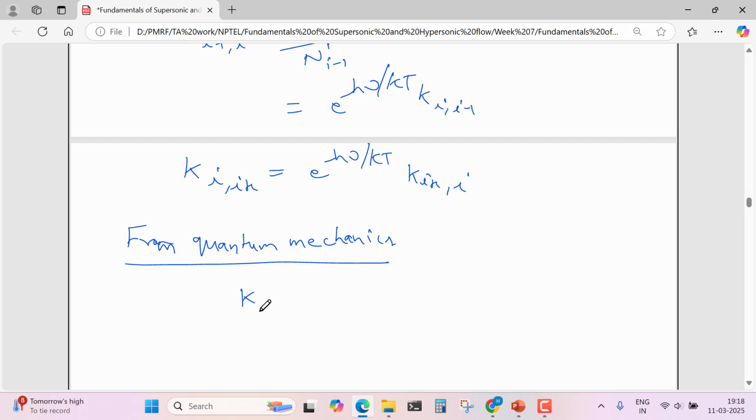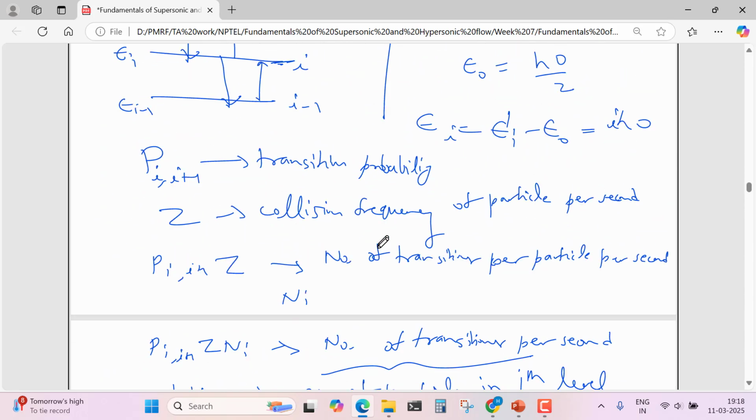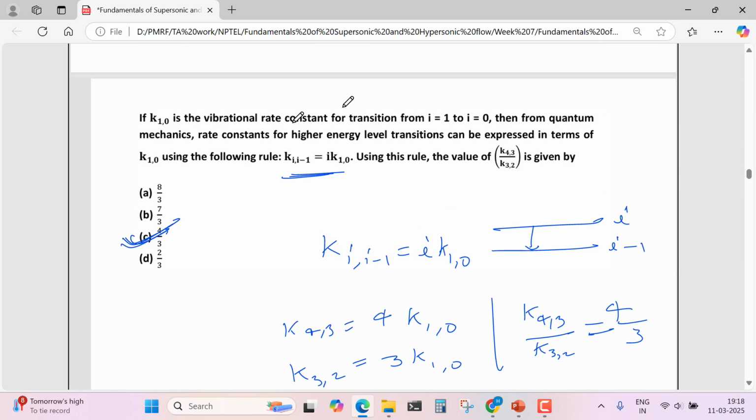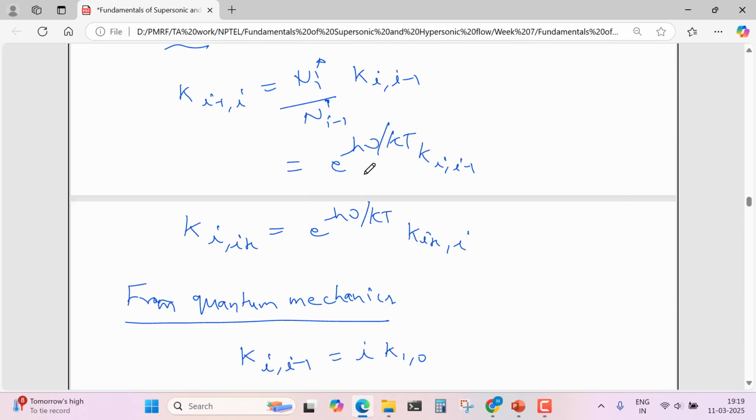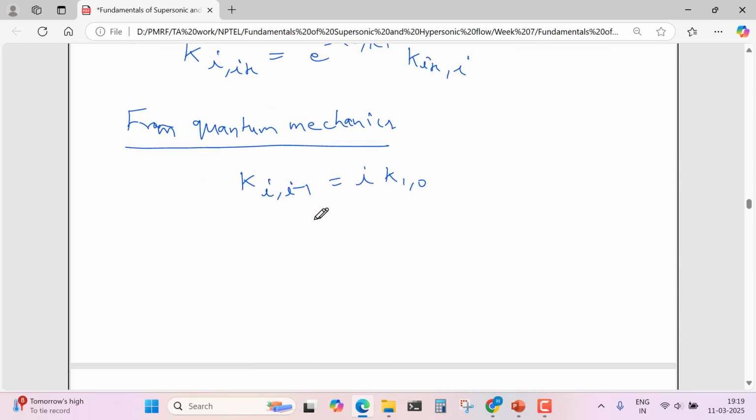So K(i,i-1) equals i K(1,0). This we have seen in the previous problem also. Similarly, K(i+1,i) equals (i+1) K(1,0).